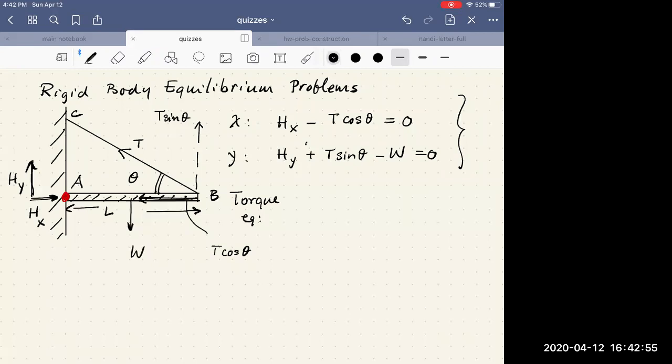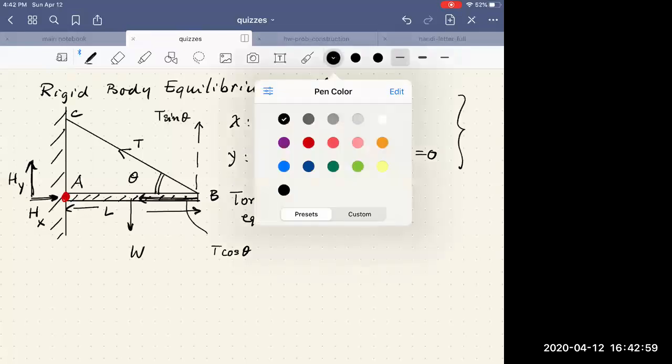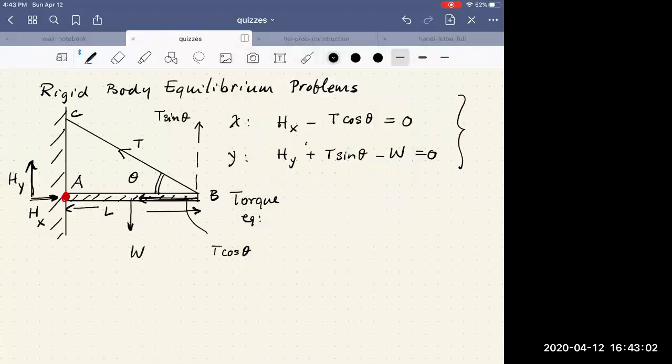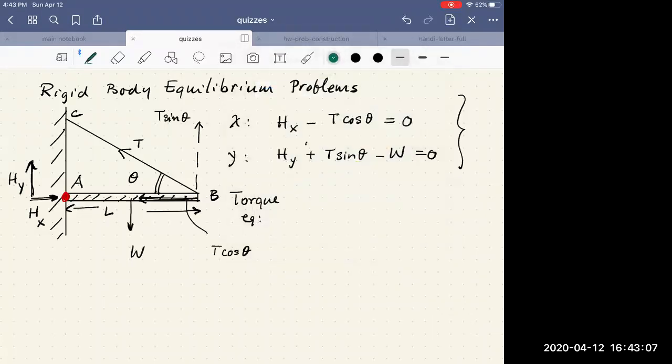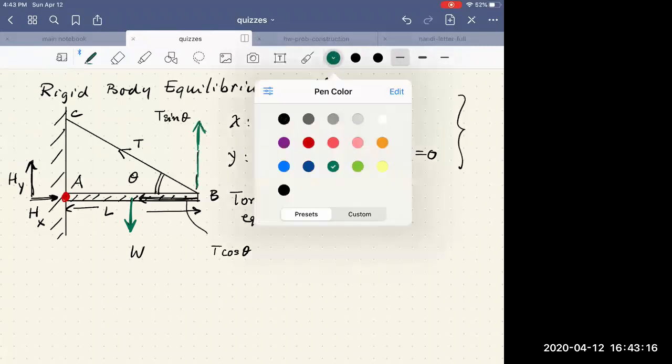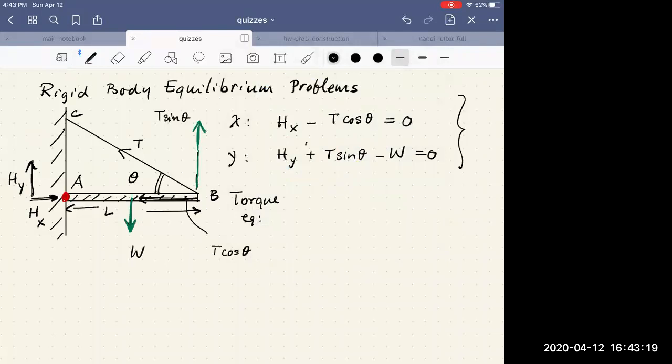So what we'll do is we'll take torques then only for these two forces, because these are the only two surviving forces. I'm going to put in some green color just to mark it up. So one of them would be W, and the other would be this force here, T sine theta, okay? So for W, we'll get W times L upon 2, and the torque would generally be in this direction, which would mean clockwise.